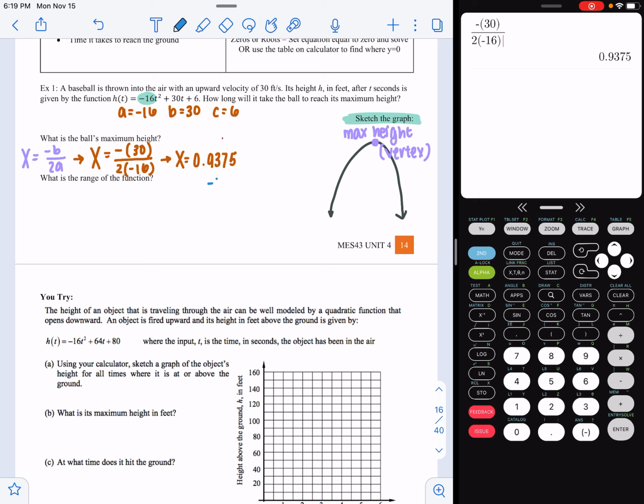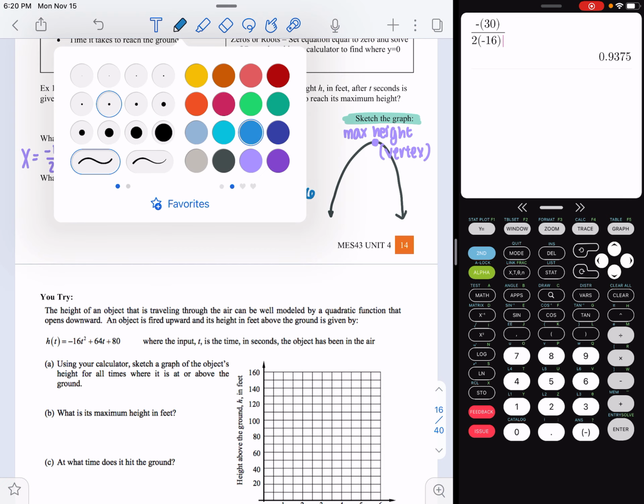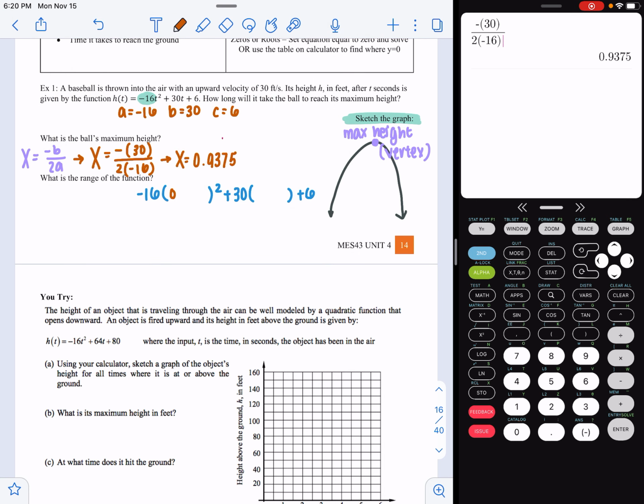So that was negative 16 t squared, plus 30t plus 6, and we're plugging in 0.9375. Let's go ahead in our calculator.